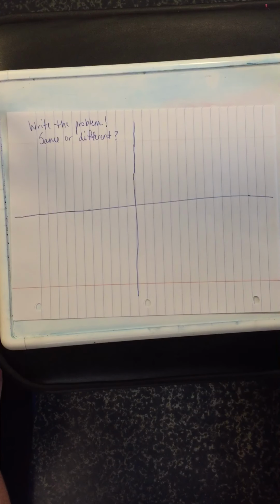We're looking at the denominator, because the denominator tells us what we have to have in order to add or subtract fractions. Well, both wholes have to be cut into the same number of pieces. What part of the fraction tells us how many pieces our whole is cut into? Your denominator. So your denominator has to be the same in order to add or subtract fractions.